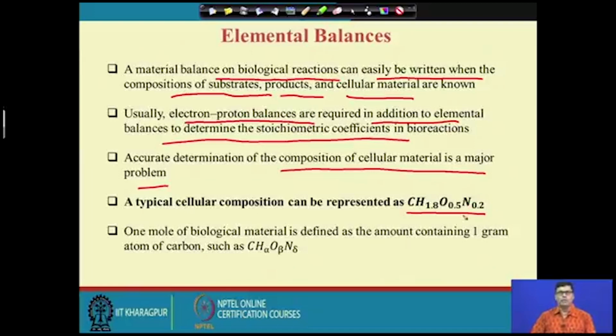It is found within 5% limitations. It gives the empirical formula of the cell mass like this. Another very important thing is that 1 mole of biological material is defined as 1 gram atom of carbon, that is CH alpha O beta N delta.